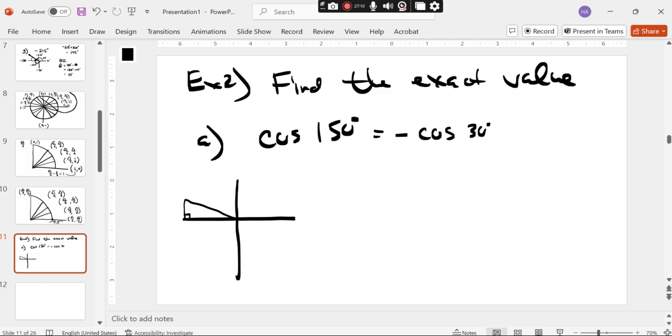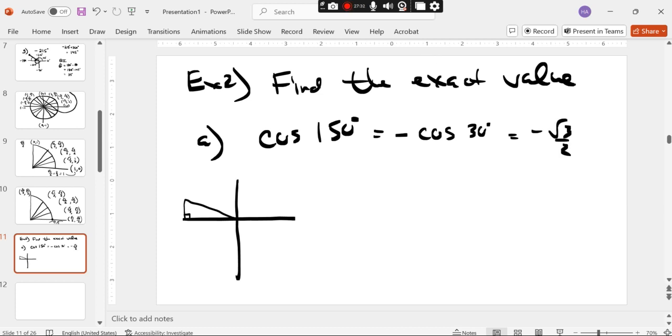We're good. Notice I have my reference angle here. Everybody good there? Cosine 30 degrees is? Root 3 over 2 is done.